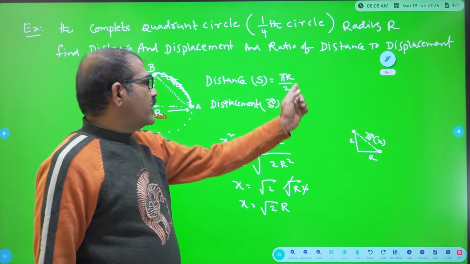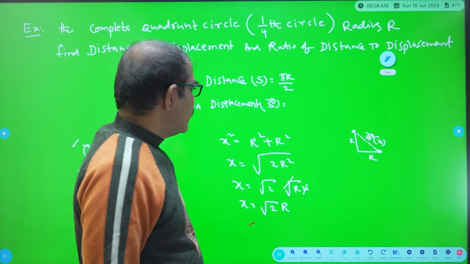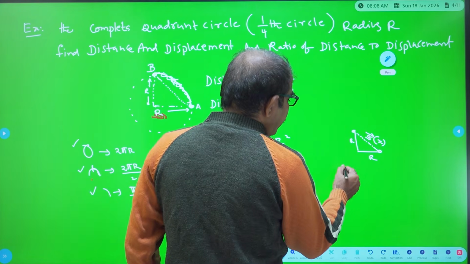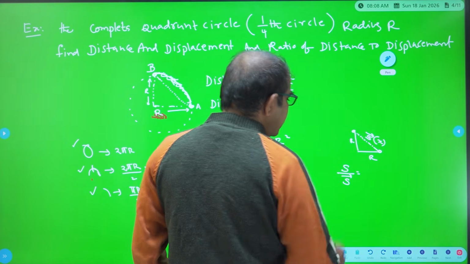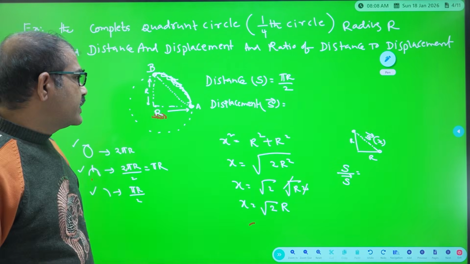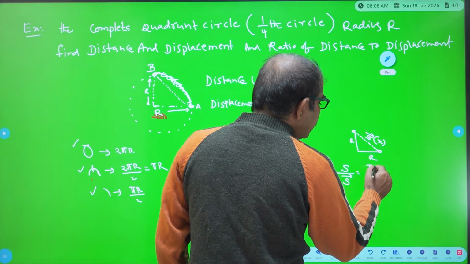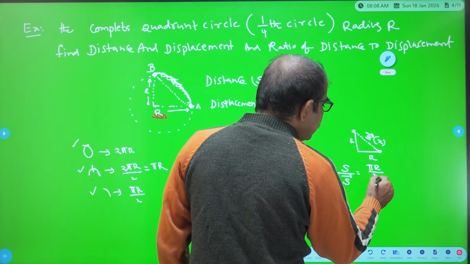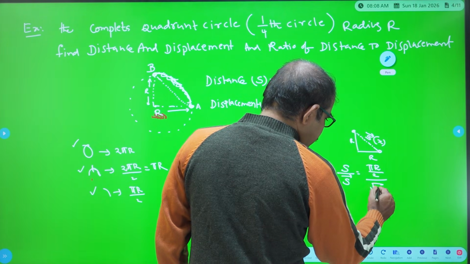So distance is pi r by 2, and displacement is root 2 r. Now the distance by displacement ratio: distance is pi r by 2, displacement is root 2 into r.